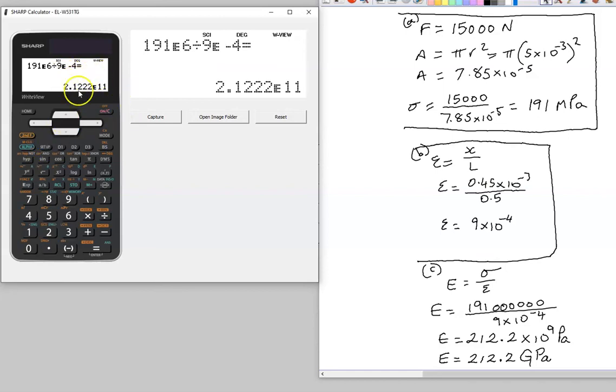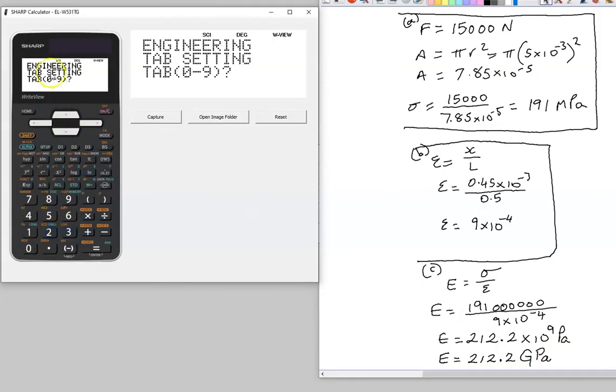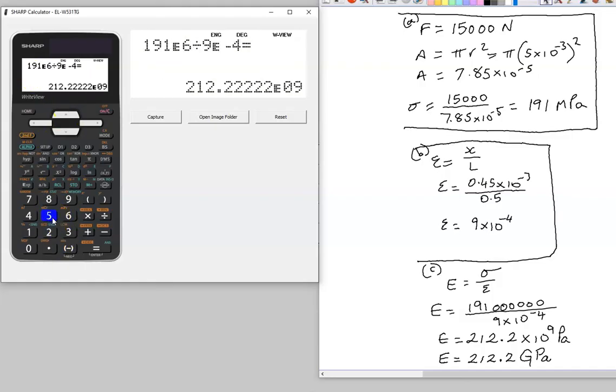So we want to change to engineering so that we can say gigapascals or whatever. So setup, 1, engineering is 2, and for decimal places we'll stick 5 in. So here we can see 212.2 to the power of 9, or 212.2 gigapascals, which is what we get in our answer.